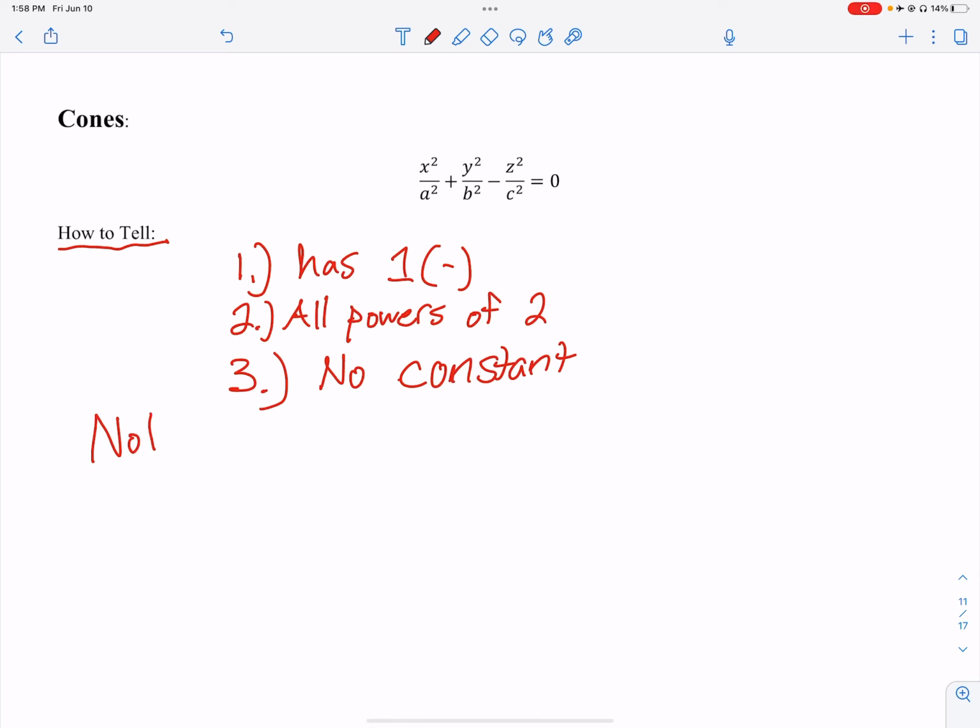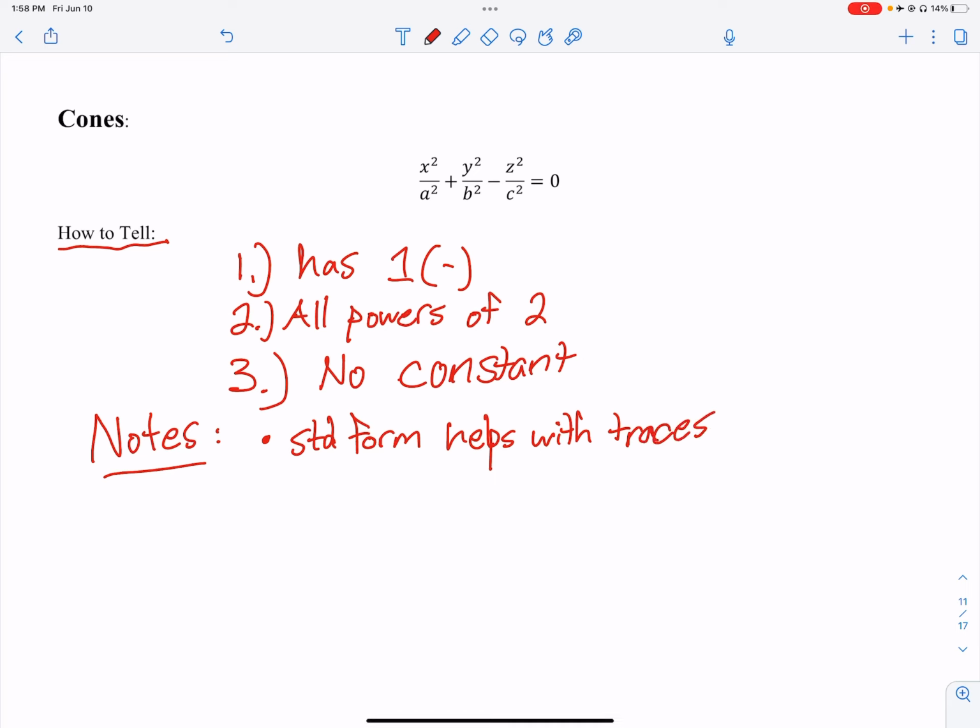Some notes, like the other surfaces: the first one, standard form, helps with traces, just like last time. My standard form is what is above.